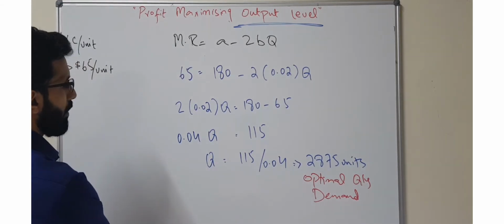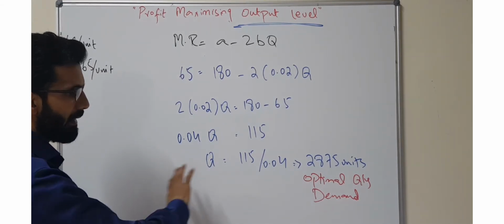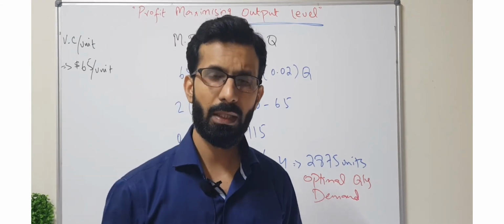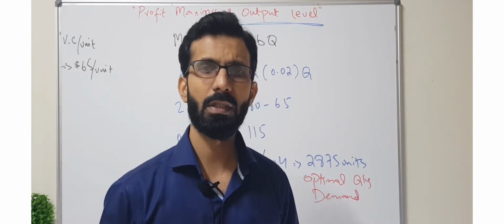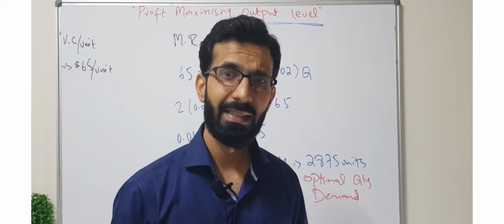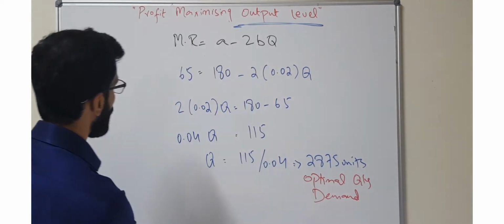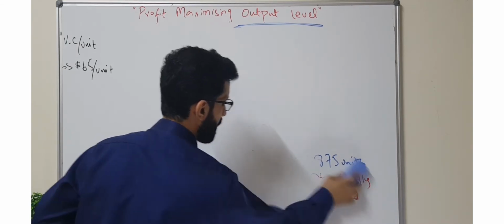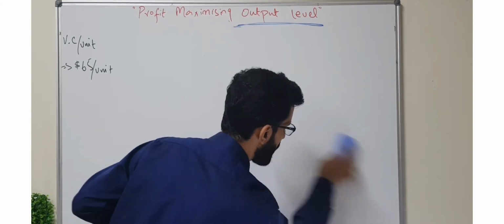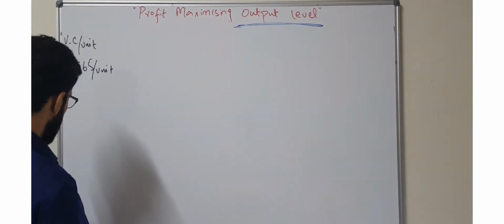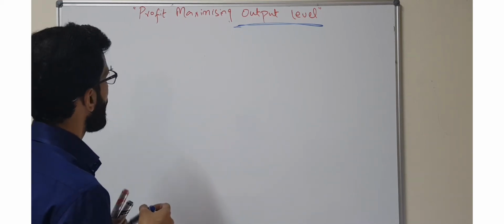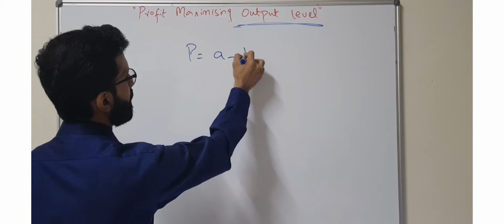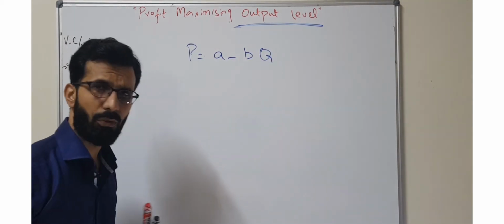So moving forward, once we have done this calculation, our next step will be to use the demand equation, and using the demand function we will be able to determine the optimal selling price. For that, we will be using the demand equation.